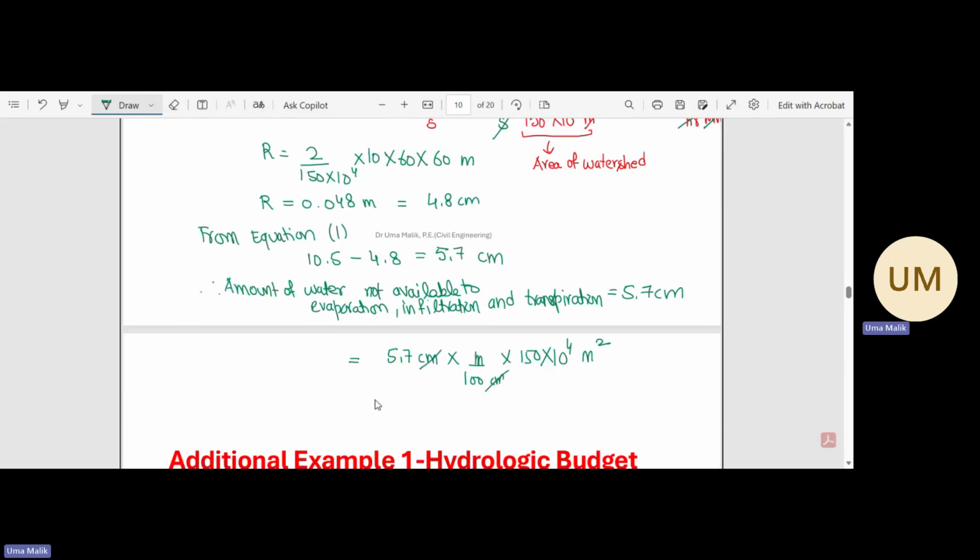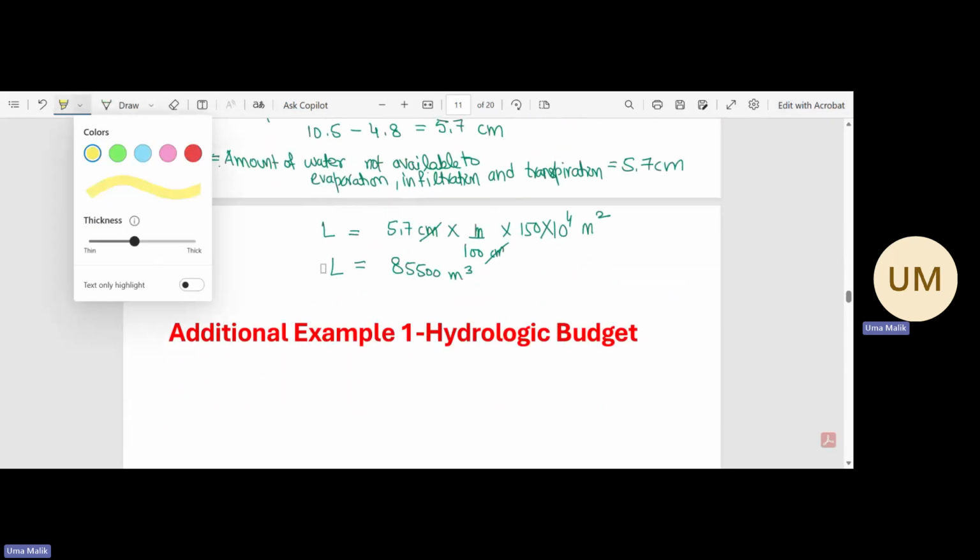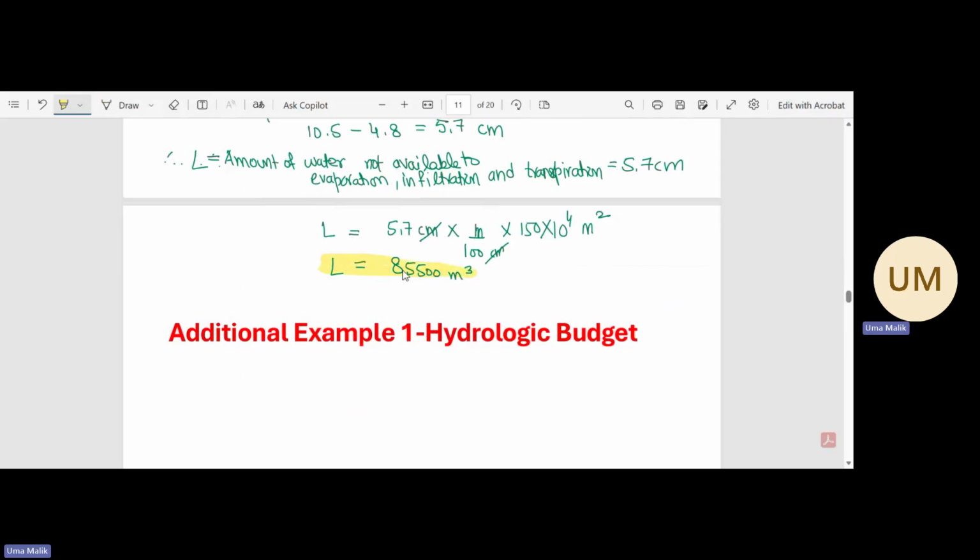So centimeter cancels, and I get this L value. Therefore, L becomes equal to 85500 meter cube. So this was part A of the problem. This is the part A solution.